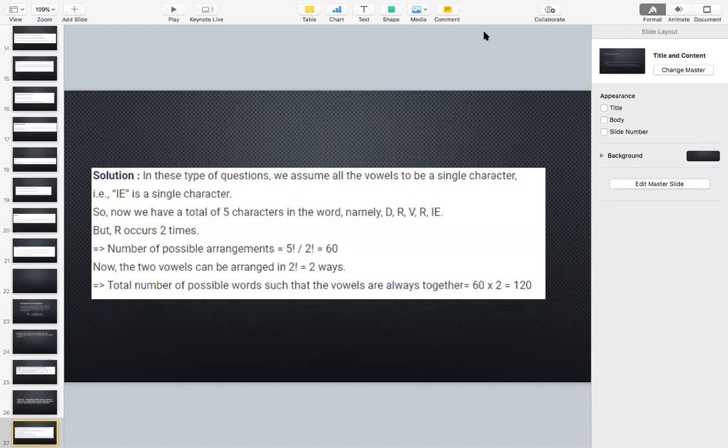Then you will see that A is getting repeated 2 times. So this 3 factorial will now get divided by 2 factorial. So the final answer will be 5 factorial into 3 factorial divided by 2 factorial. Is it clear now, guys?